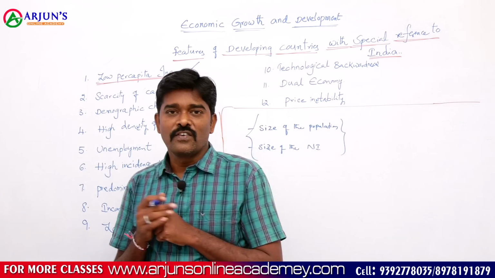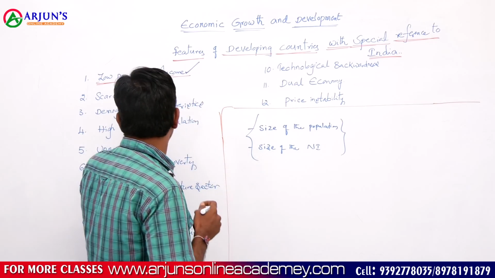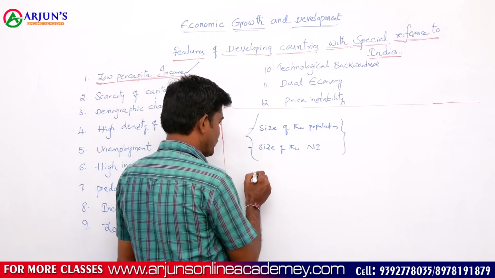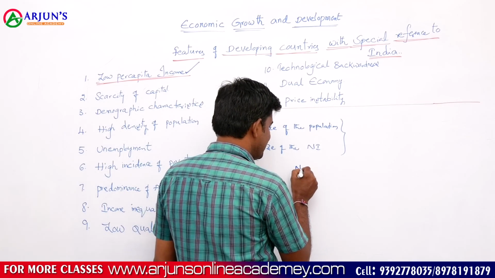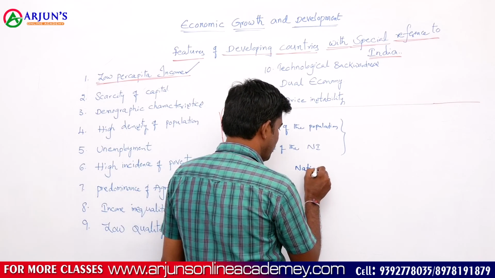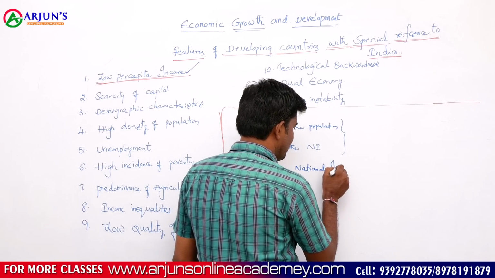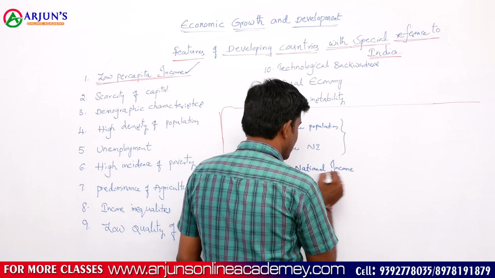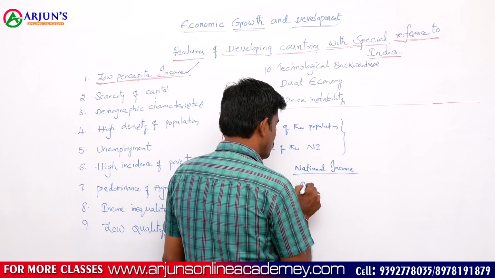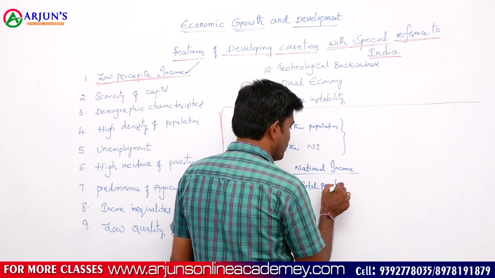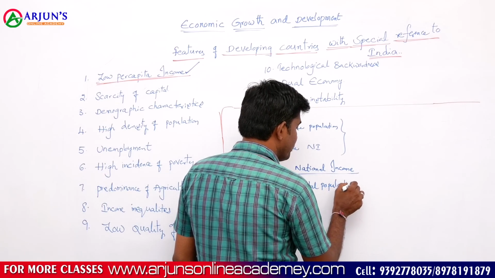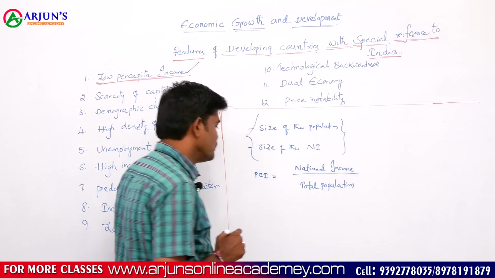Per capita income equals national income divided by total population, as we discussed in the previous class.